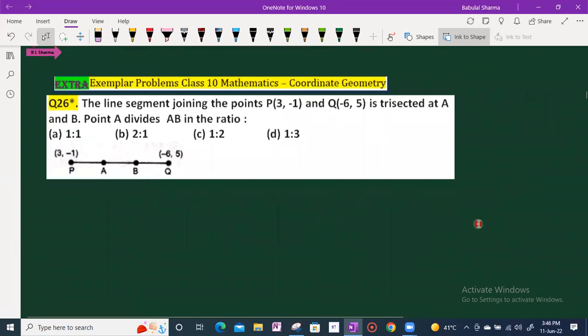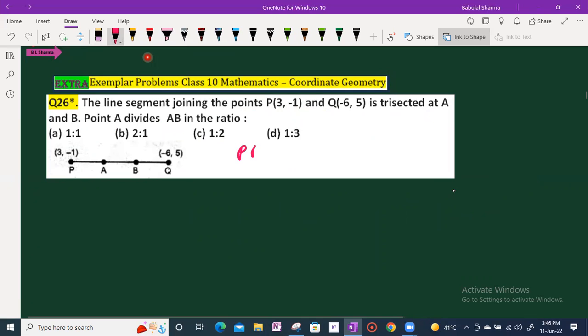Next question. The line segment joining the 2 points P and Q with coordinates given is trisected at A and B. Trisect means divide into 3 equal parts. So point A divides PQ in the ratio. See here. Trisect means there are 3 equal parts. PA is equal to AB is equal to BQ.